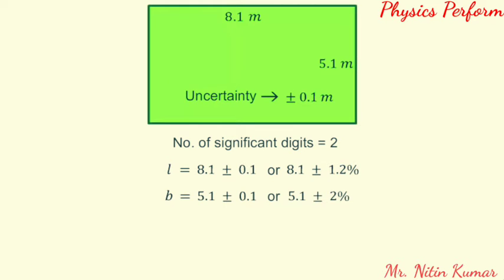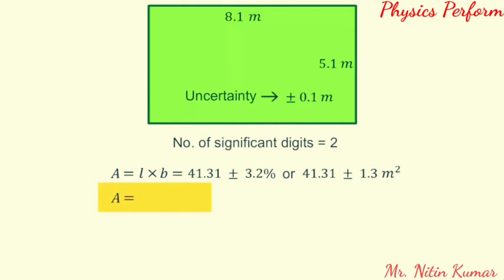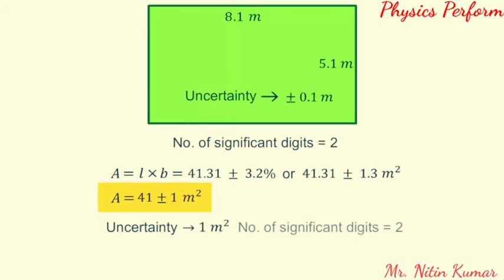Hence, using the combination of errors rule, the area of the field calculated as the product of these two quantities would be 41.31 plus or minus 3.2% or 41.31 plus or minus 1.3 square meters. We can report this as 41 plus or minus 1 square meter. Here, 1 square meter is the error in the result. Thus, the result also has two significant digits, which is same as the original data.